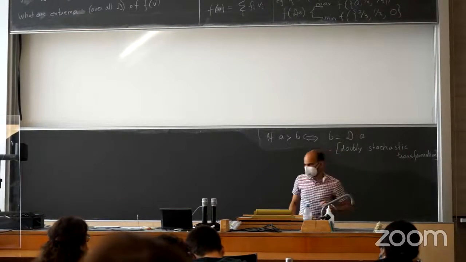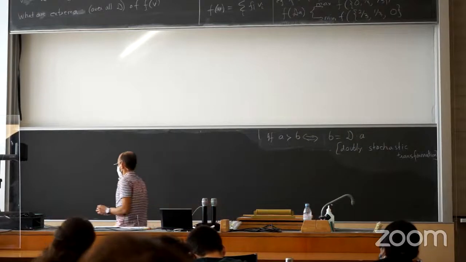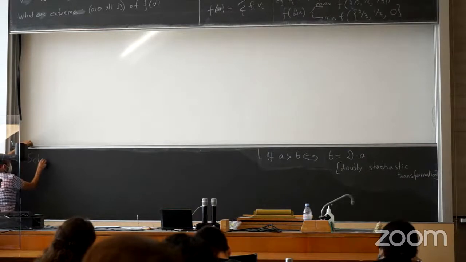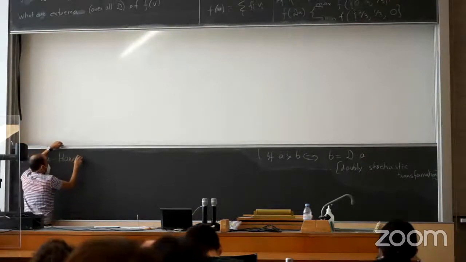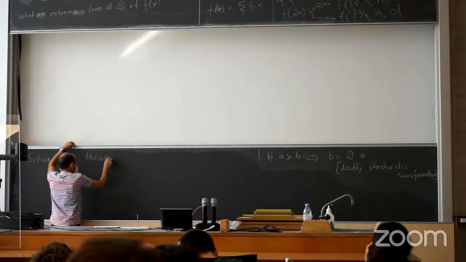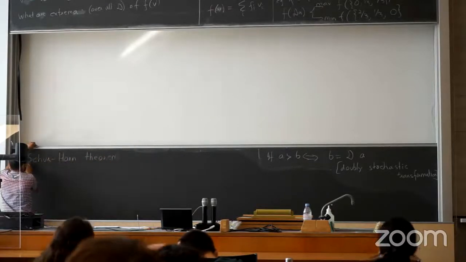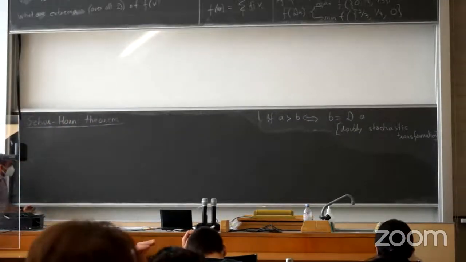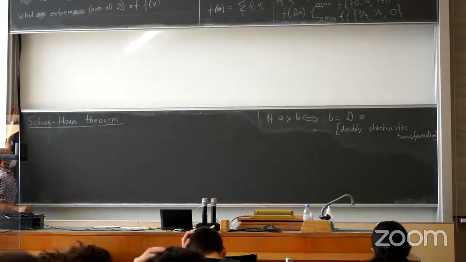I have a very useful theorem, the Schur-Horn theorem. The statement of the theorem is essentially the following. We will really want to use a corollary of the theorem, but I'll give you what the theorem is first.